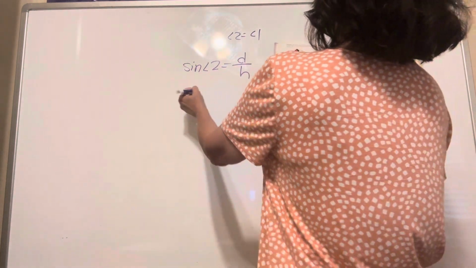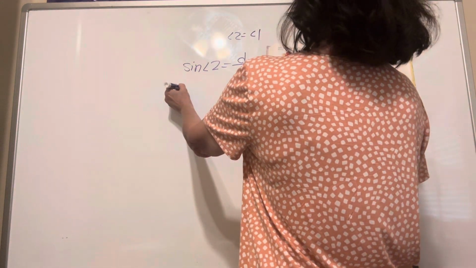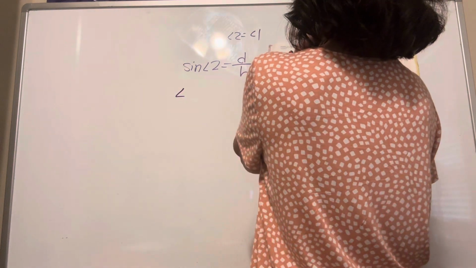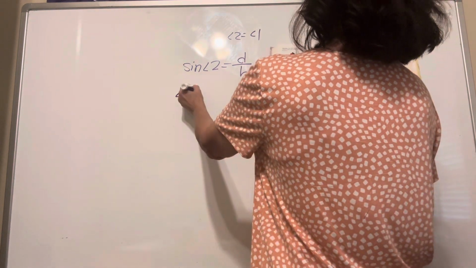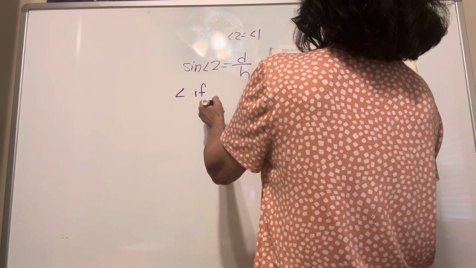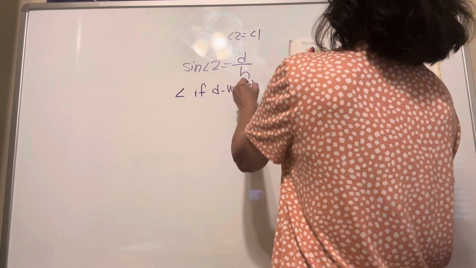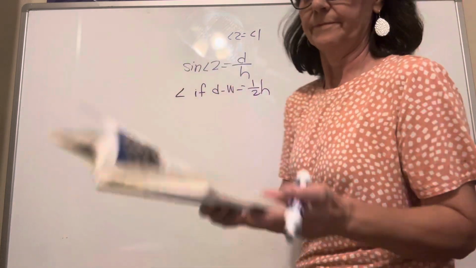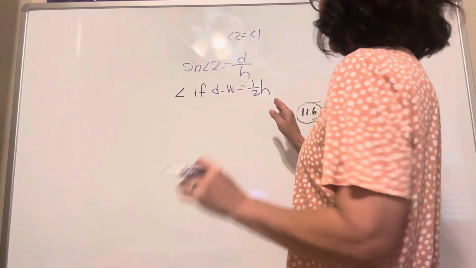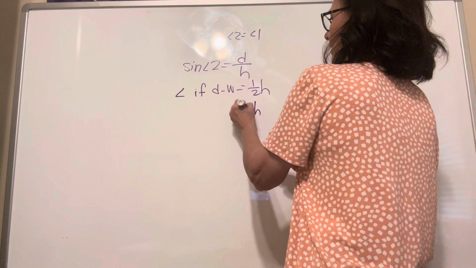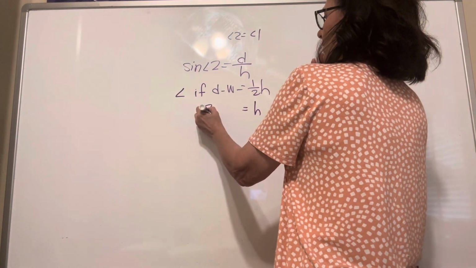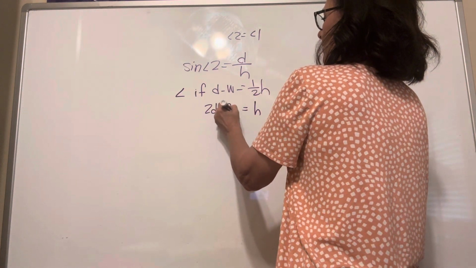So 58 says, find the measure of angle 1 if D minus W equals 1/2 H. I'm going to put H is 2D minus 2W.